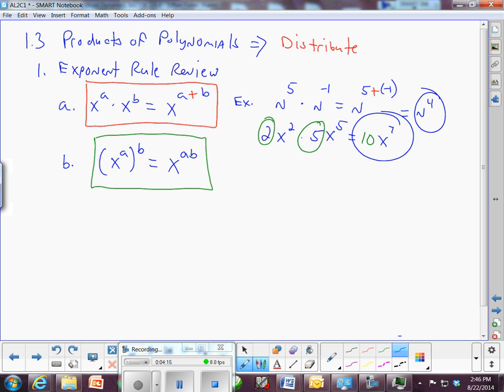Okay, in its most simplistic form, it's something like this. N cubed to the, I don't know, 9th power. And so all you're simply going to do is multiply the 3 times 9 and get n to the 27th. Right, n to the 27th.